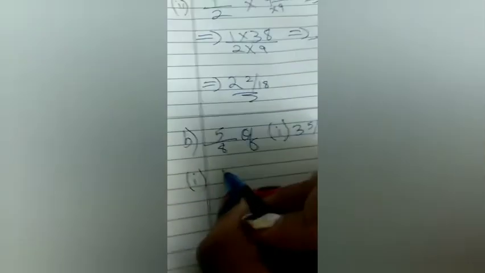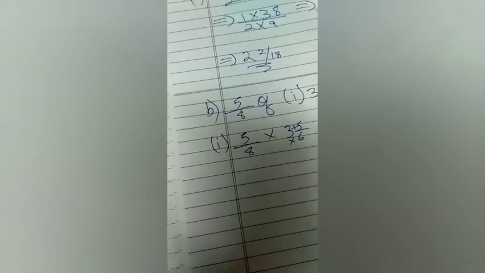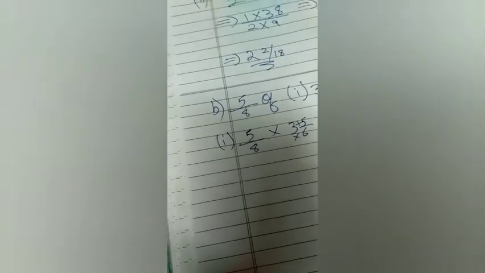So let's see the second question. b) 5 by 8 of 3 5 by 6 and 9 2 by 3. So first one, 5 by 8 multiplied by 3 5 by 6. 6 3s are 18. 18 plus 5 is equal to 23.